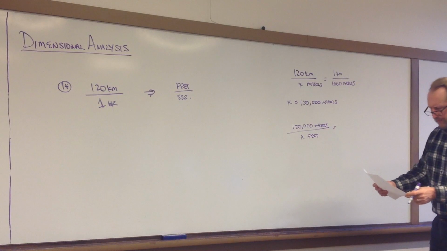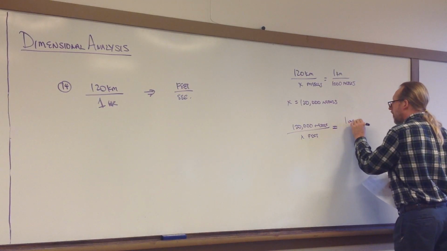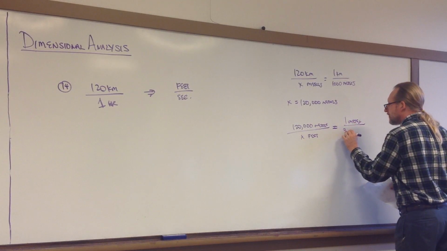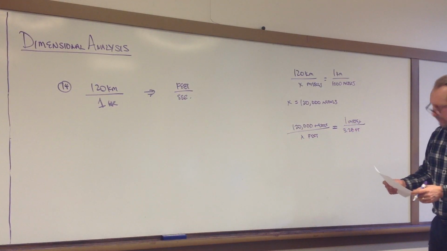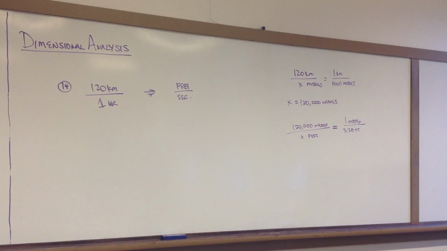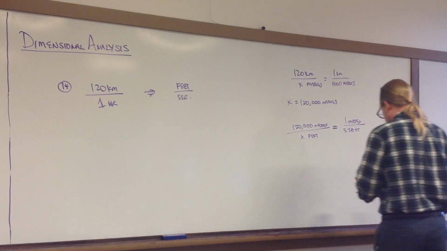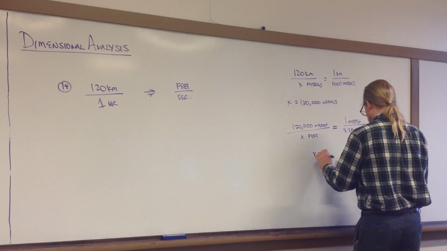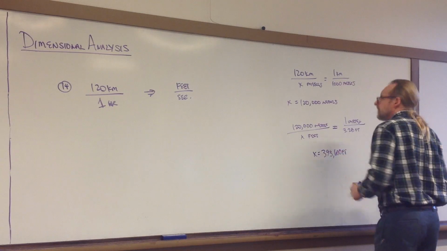And then we'll take that and convert it to feet. With this conversion factor, 1 meter is 3.28 feet. So we're going to multiply these two and divide by 1. And so we get 120,000 times 3.28, which is 393,600 feet.